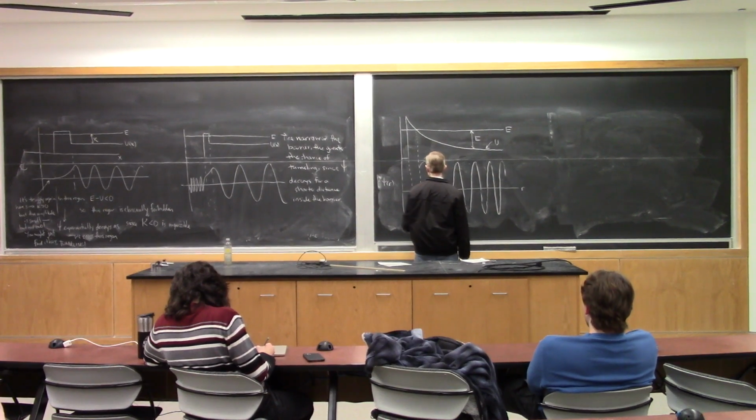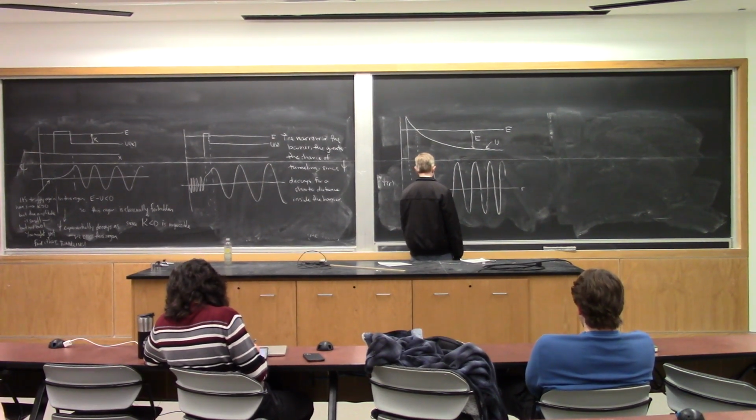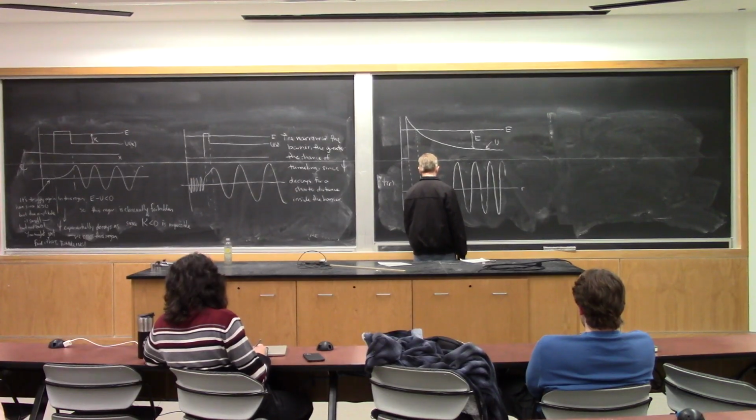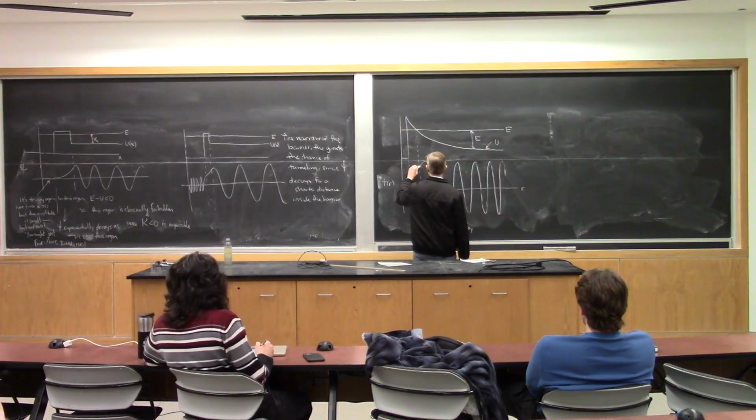U is bigger than E. So in here we've got the classically forbidden region. Exponential decay. So here's the wave function decaying.